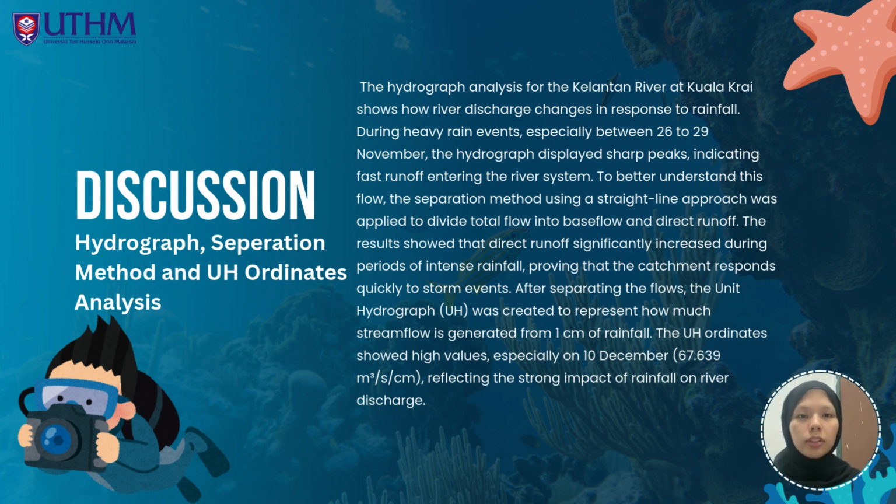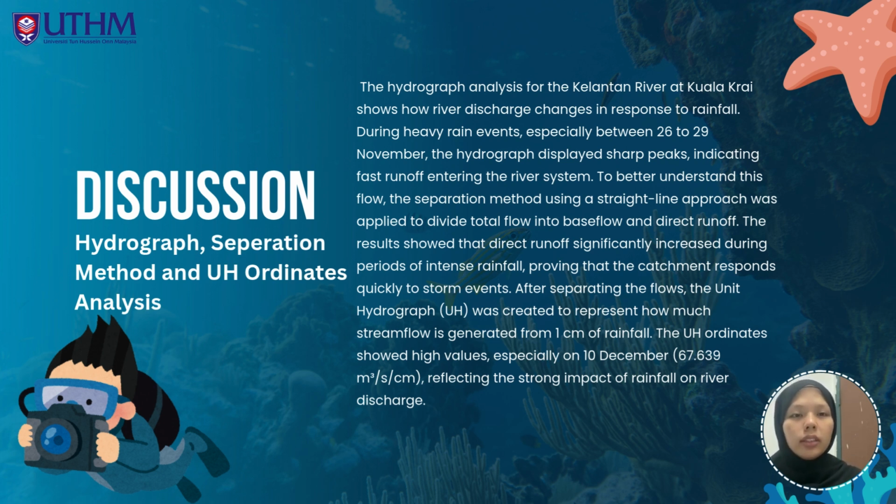Furthermore, the hydrograph analysis for the Kelantan River at Kuala Krai shows how the river discharge changes in response to rainfall. During heavy rain events, especially between 26 to 29 November, the hydrograph displayed sharp peaks indicating fast runoff entering the river system.